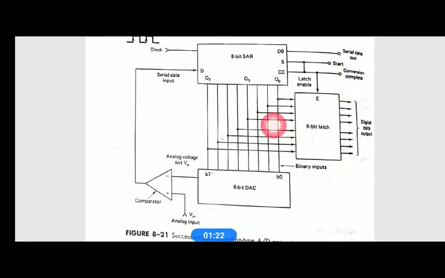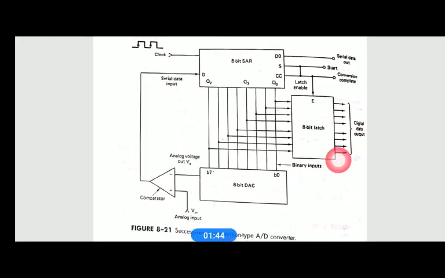It is the output of the SAR which we are taking through the 8-bit latch, that is our digital output equivalent to the applied analog input. How this successive approximation type analog to digital converter works, we will understand with an example.